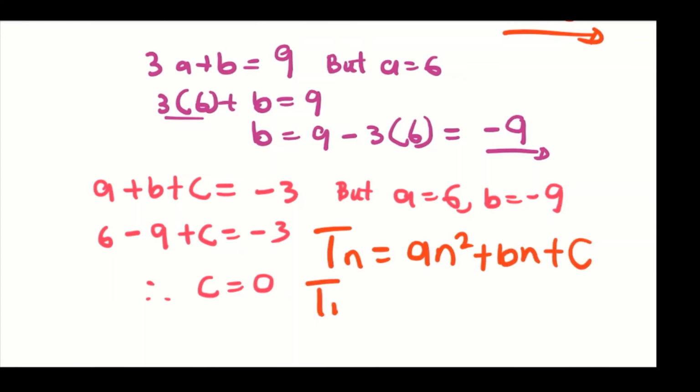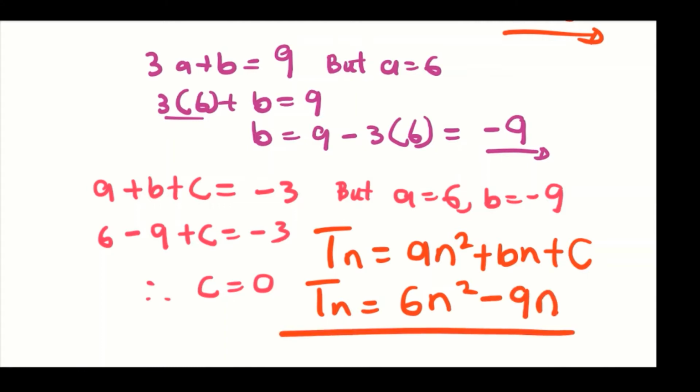And to substitute the values that we found, a value is equal to 6, so it's going to be 6n squared, and b is minus 9, so it's minus 9n, and c is 0. So this would be your general term of the sequence.